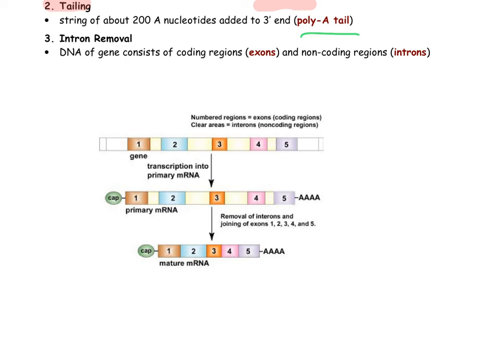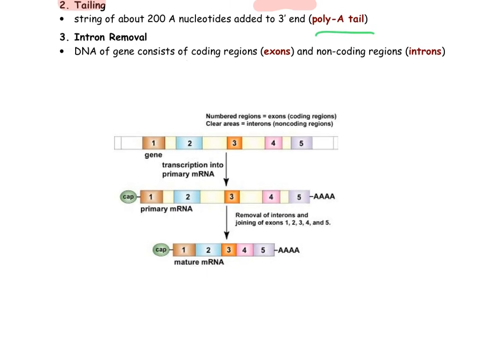So let's just visualize this for a minute, right? Here is our gene, and this is our mRNA strand, and we've made a copy of the DNA. But within it, we have all these important parts, which are called exons, but we also have these non-coding regions. These are our introns.